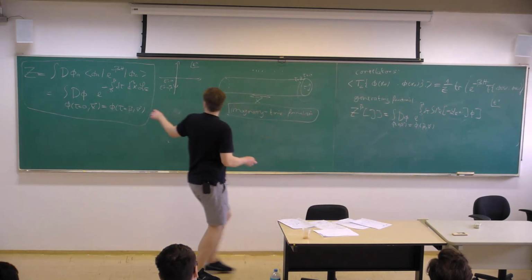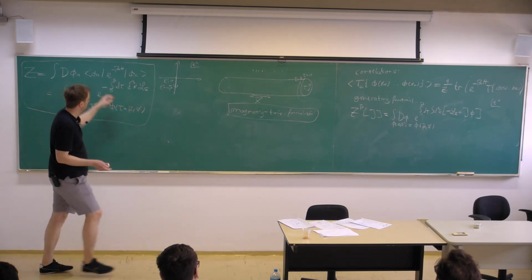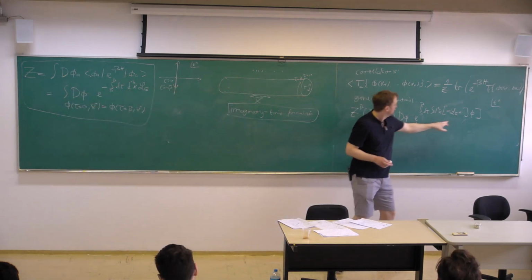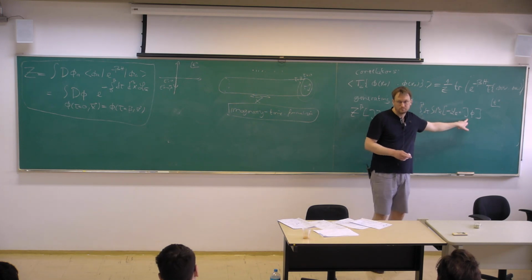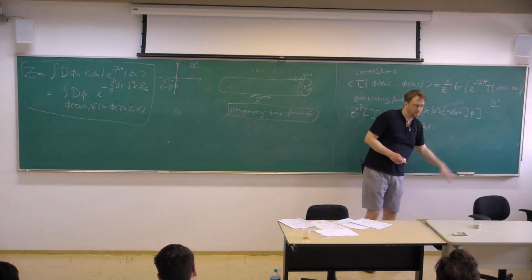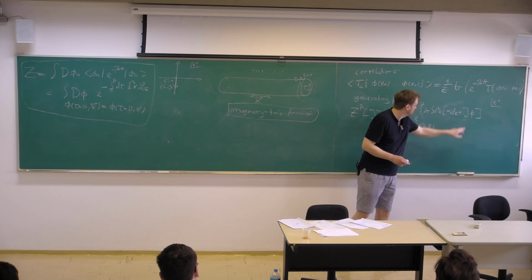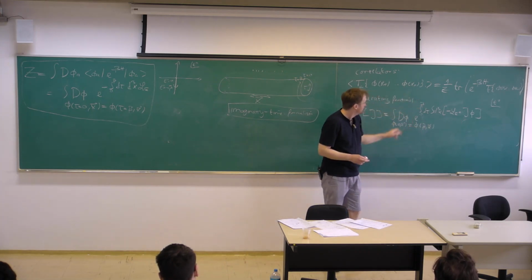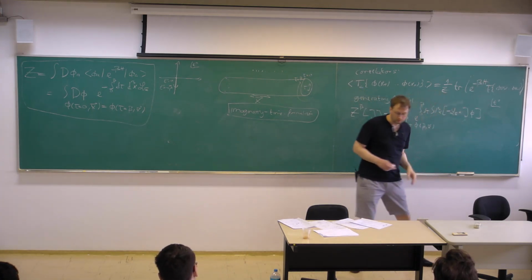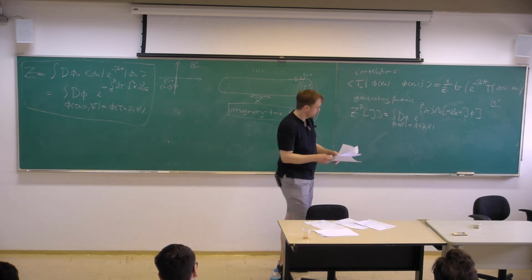So this is the same expression as for the partition function, but with the addition of the source term here. Now I can take derivatives with respect to the source, which brings down the field, and this essentially builds up these correlation functions. So I find the following relation.